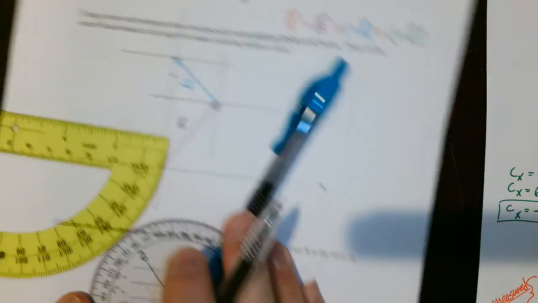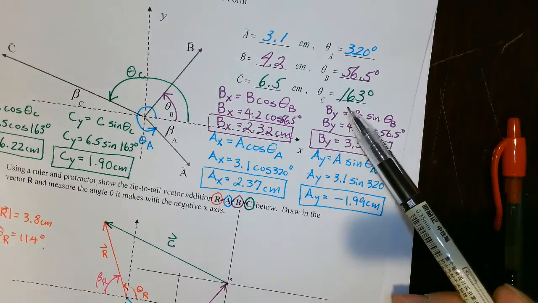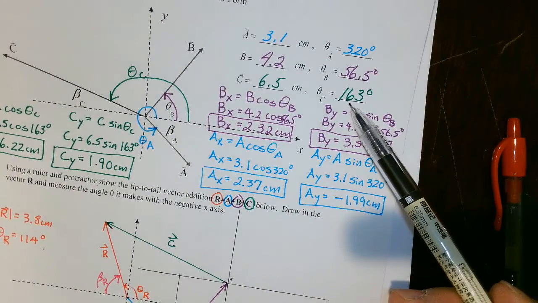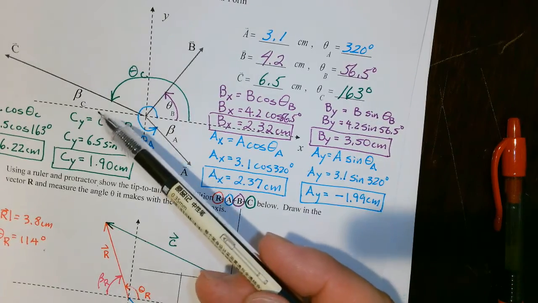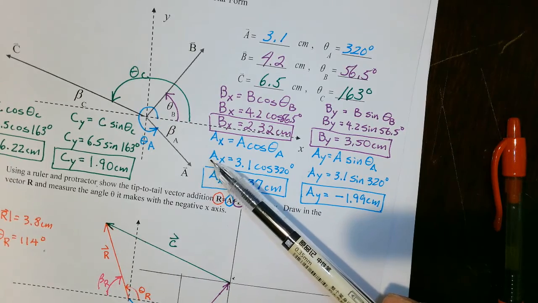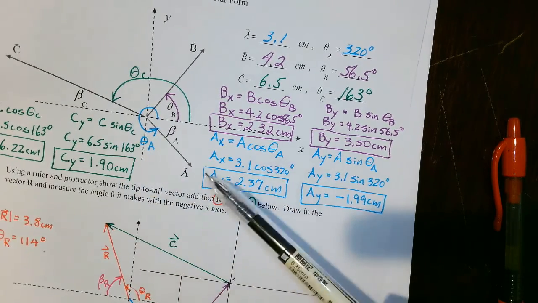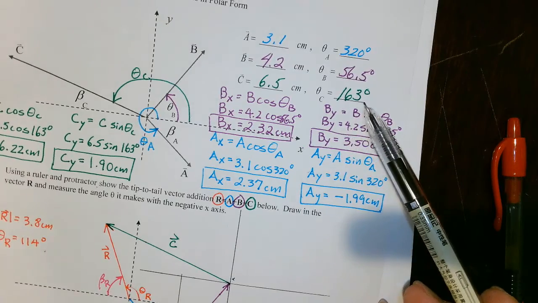And then negative C. Since my C vector is 163, if I add 180 to that, I get 343, right? So 180 plus 163 would be 343.